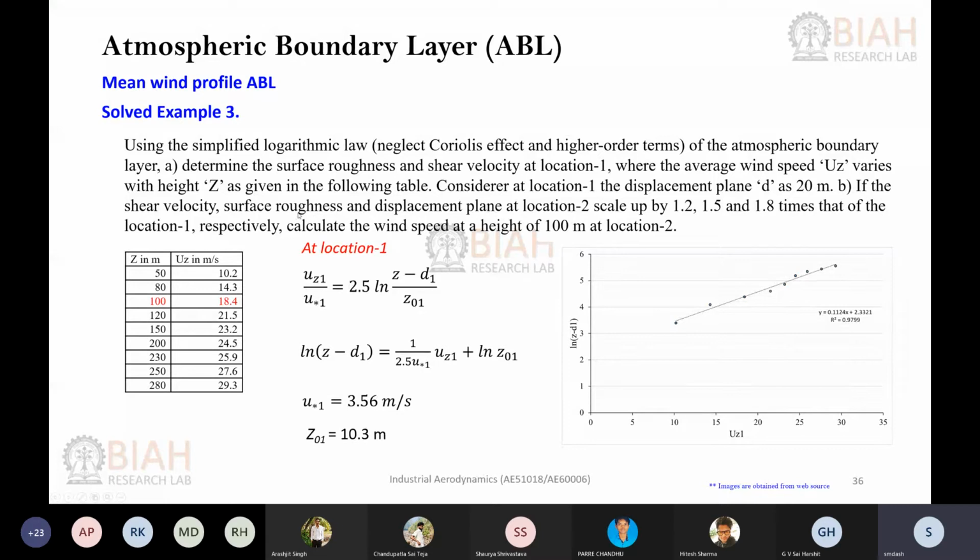The roughness element in location 2 is 1.5 times that of location 1, and the displacement plane is also shifted up by 1.8 times. So overall you can realize that location 2 is a rougher terrain compared to location 1, and that's why the velocity value should obviously be smaller than in location 1. That is how you can cross-check whether your answer is correct.